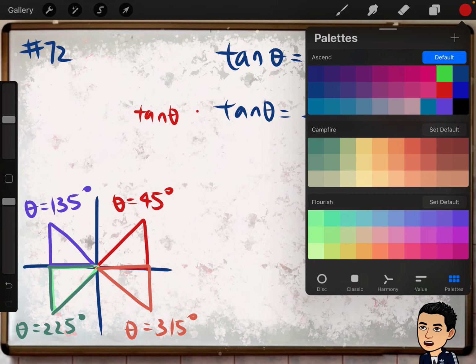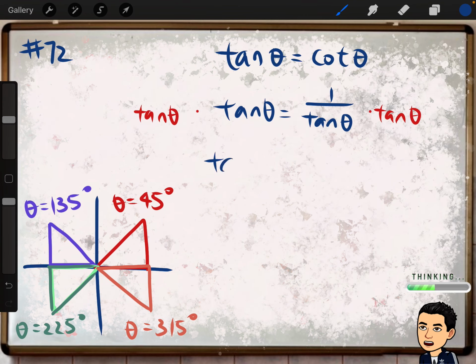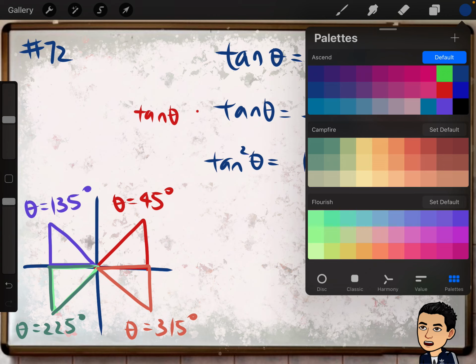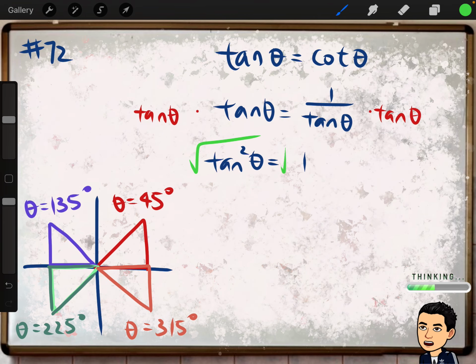That gives me tangent squared theta equals 1. Now you need to square root both sides. You're going to get tangent theta equals positive 1, or tangent theta equals negative 1.